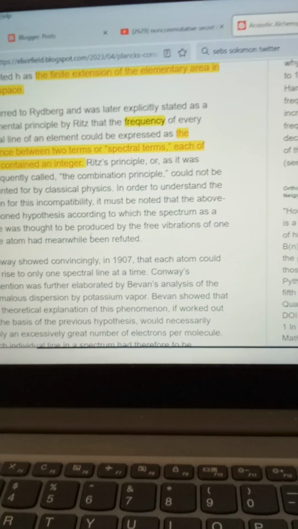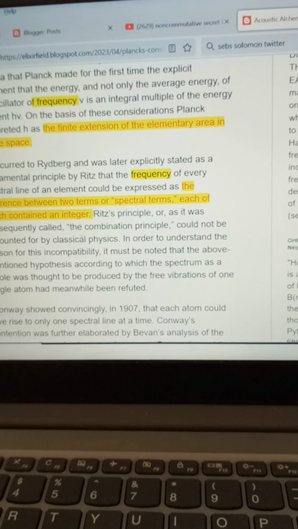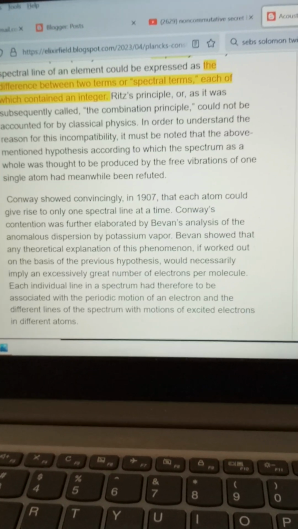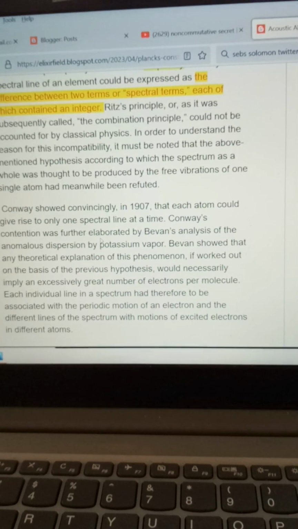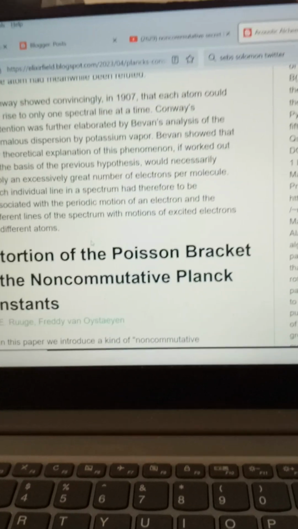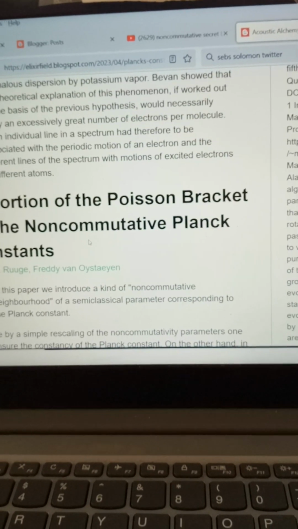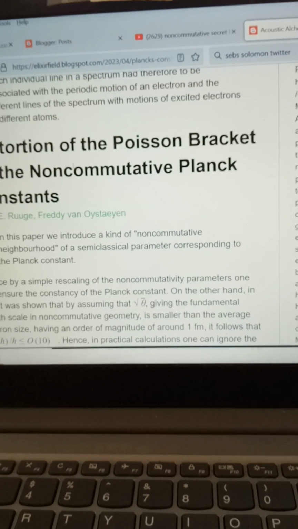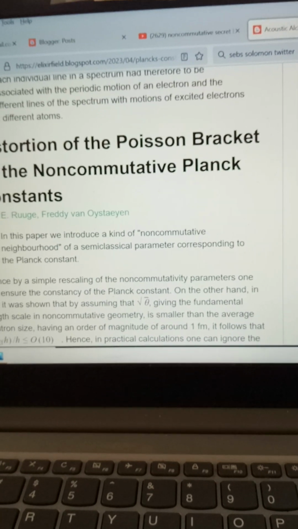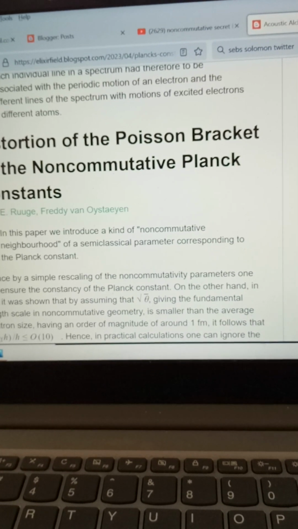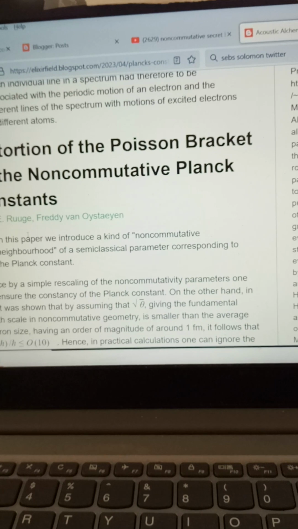So he could just have the frequency. And then when they convert the frequency, all of a sudden they have this ordering problem, because you inherently have the negative frequency. So when we use the non-commutative Planck constant, then we get a distortion of the Poisson bracket.